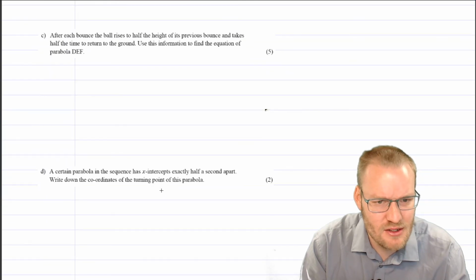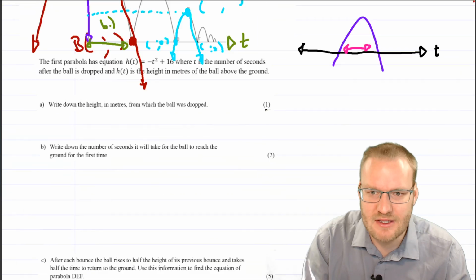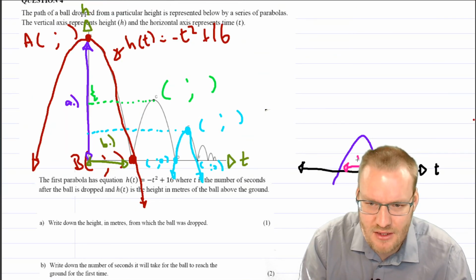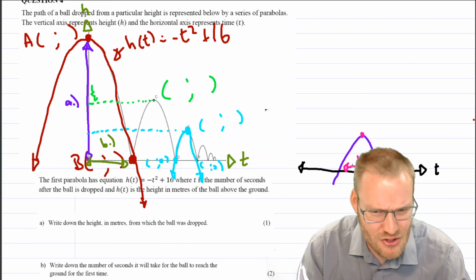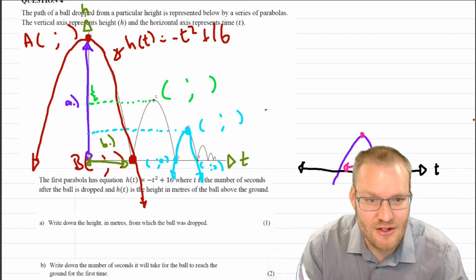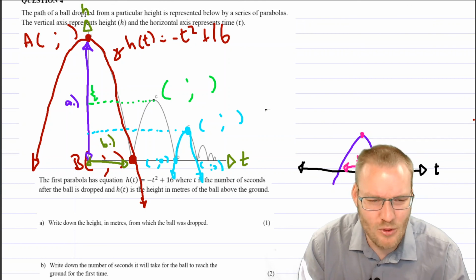It says that they're exactly half a second apart. So the x-intercepts, this distance is going to be a half. Therefore, what's the turning point? I'll leave it to you. That's at least a bit of an end to the question to see what it's asking.